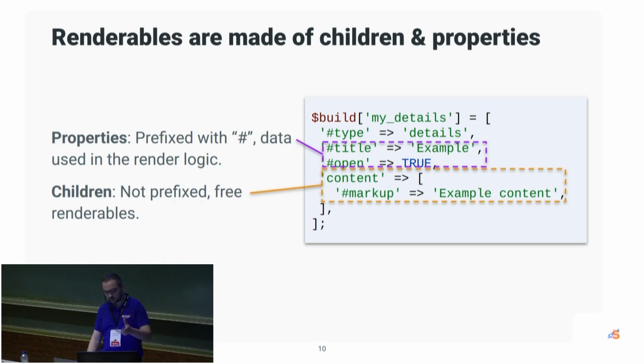Then every nested mechanism is based on children, which are not prefixed, and again it is free renderable content. So there is an easy analogy between SDC and classic renderable elements. You can almost map your properties to SDC props and children to SDC slots.